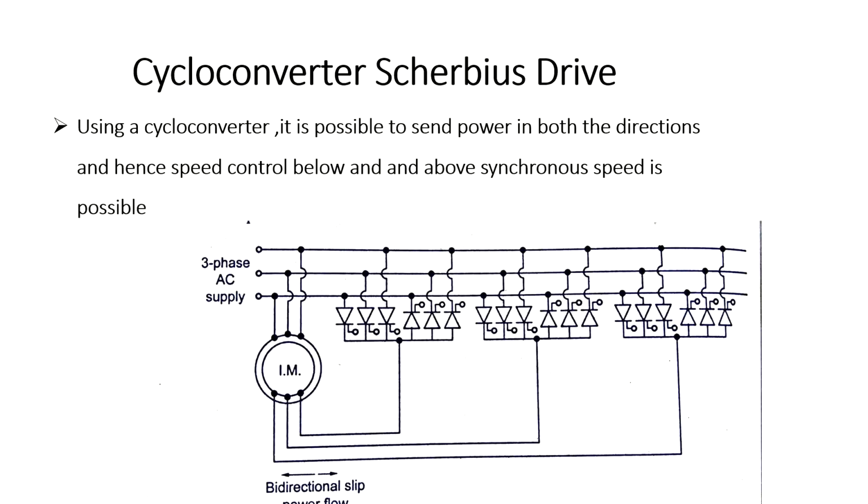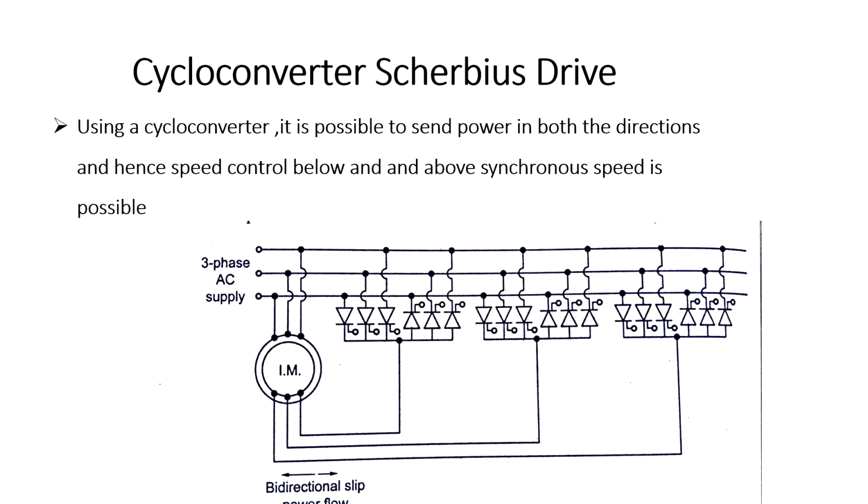Next, the cycloconverter Scherbius drive. A three-phase cycloconverter can be used to control the speed of a three-phase induction motor. Cycloconverter fed induction motors are used in applications such as high power pumps and blower type drives. Using a cycloconverter, it is possible to send power in both directions, and hence speed control below and above synchronous speed is possible.